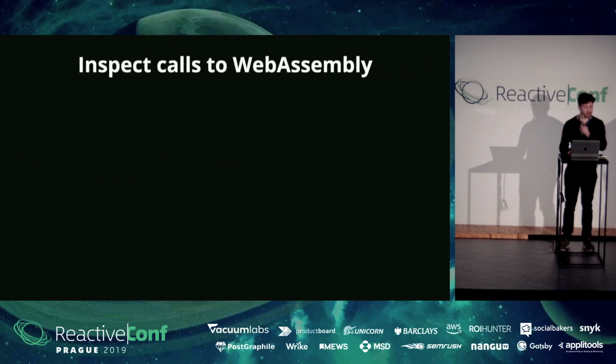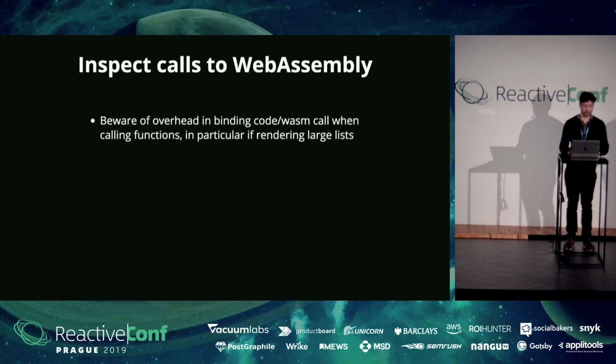And sometimes things are slow not because of the rendering, but because you're calling too many WebAssembly methods. So beware of the overhead. When you're calling WebAssembly, JavaScript has to convert your parameters to some kind of representation in your host language.